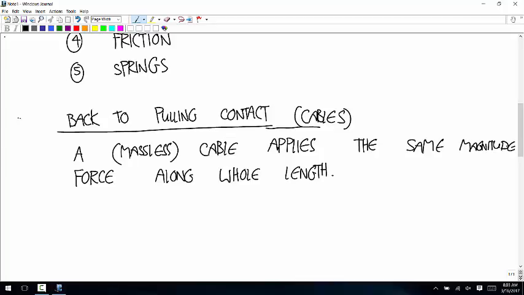That doesn't tell us the direction of that force vector. And the direction of the force that it applies is parallel to the cable.